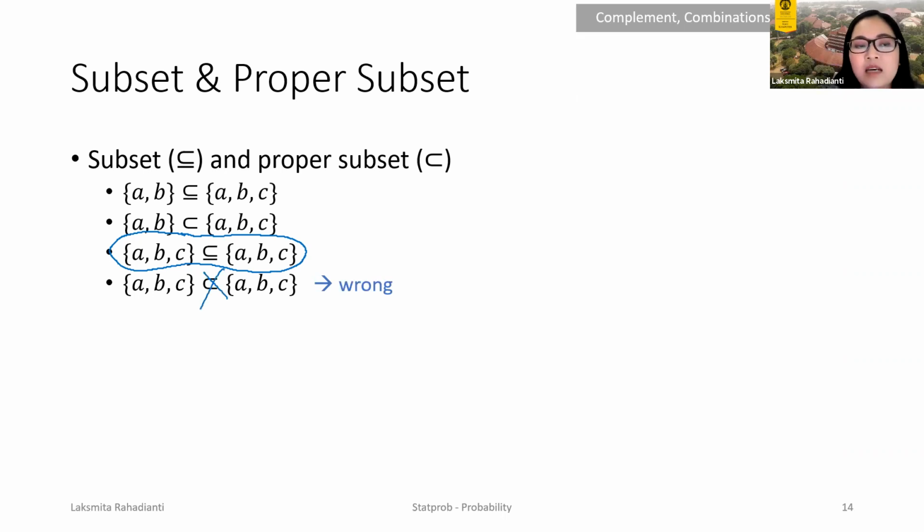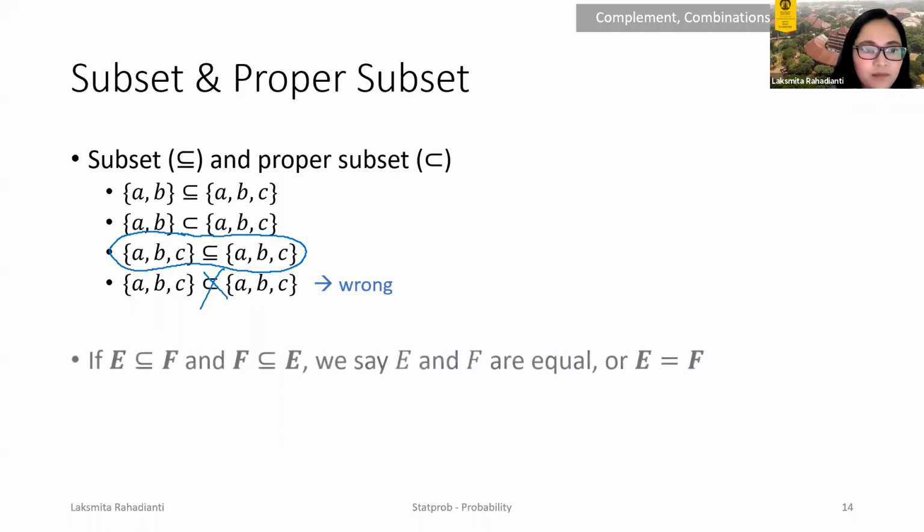So when I'm saying subset using this symbol, that means it could be equal as well. But if it is a proper subset, then it cannot be an equal set. It has to be a proper subset, with fewer members than the bigger set. And based on these properties, if E is a subset of F and F is a subset of E, we can say as well that E is equal to F.